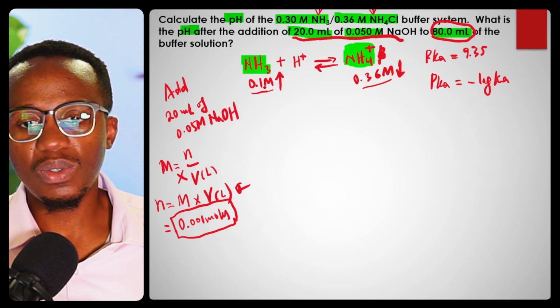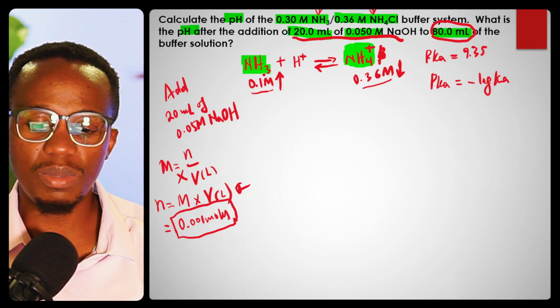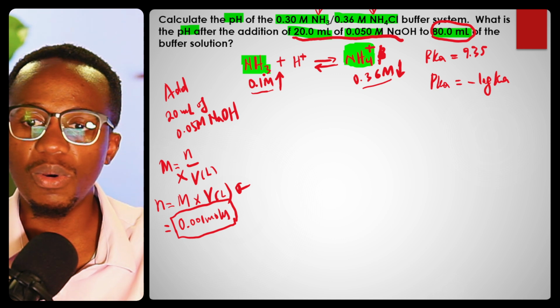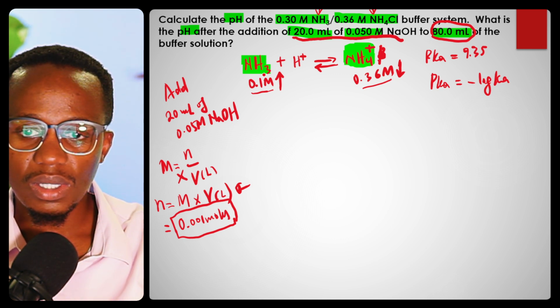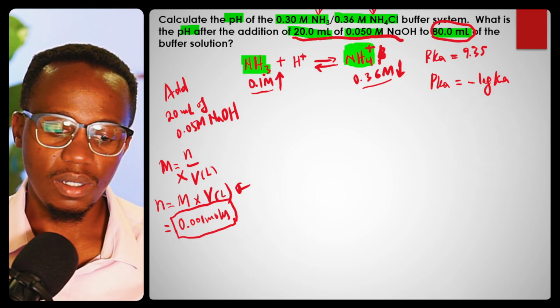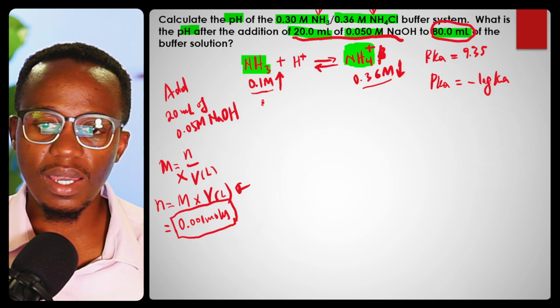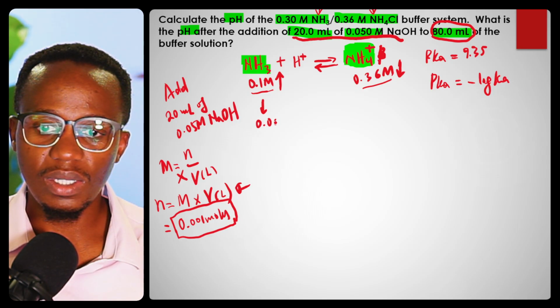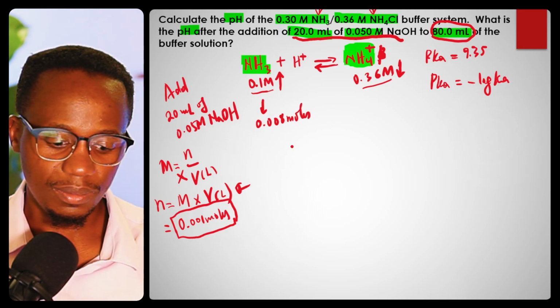Which is molarity times volume in liters, right? So our 80 milliliters is 0.08, right? So it's like 0.1 times 0.08, right? So this right here is going to be equal to 0.008 moles, right? And then here is going to be how many moles?